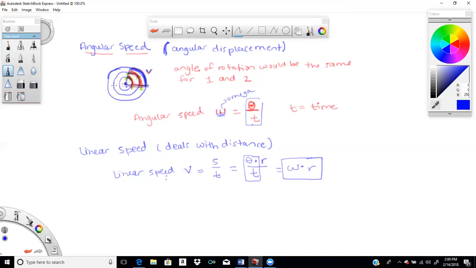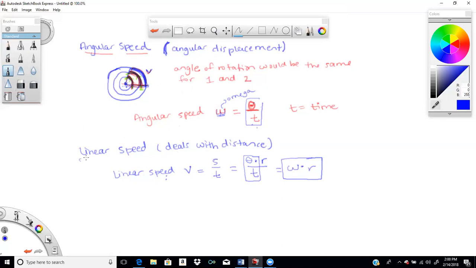All right, so we looked at these, so look at them carefully. Angular is dealing with the angular displacement, and if you notice, the angle of rotation for 1 and 2 are the same. But the angular speed would depend on the time, so omega is equal to theta over time.